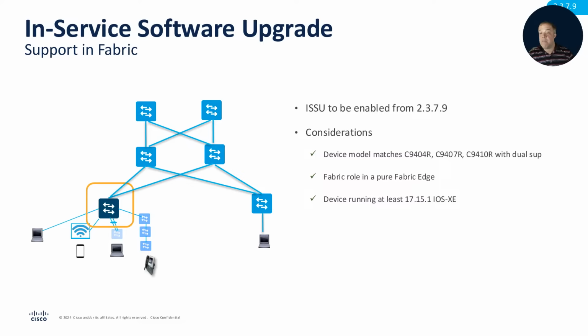The devices must be C9404R, C9407R, or C9410R models with dual supervisor and function in a pure fabric edge role. Additionally, all the devices involved must be running IOS XE version 17.15.1.